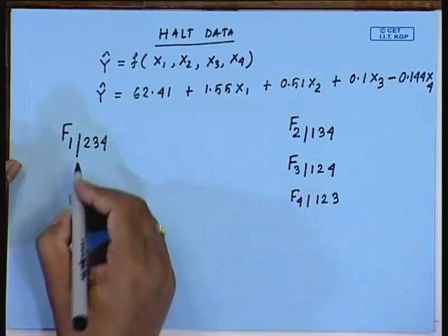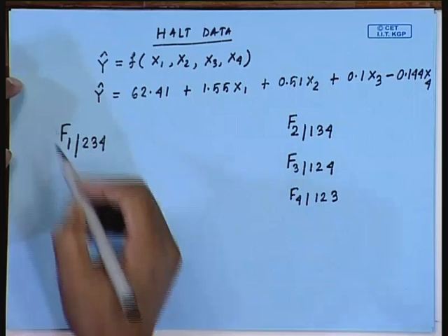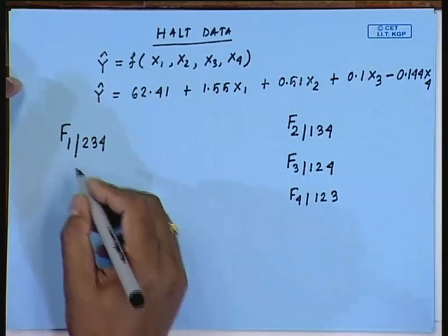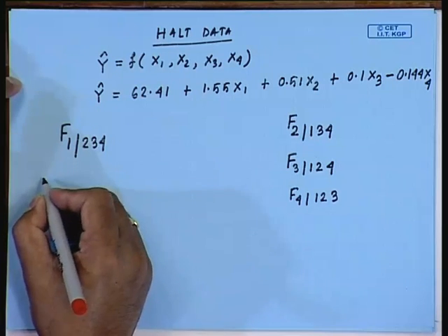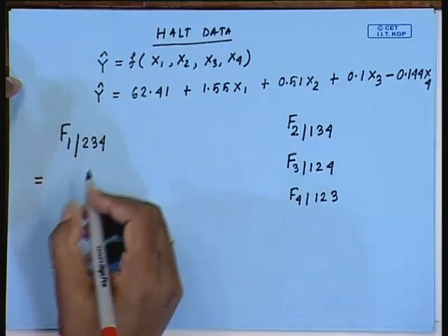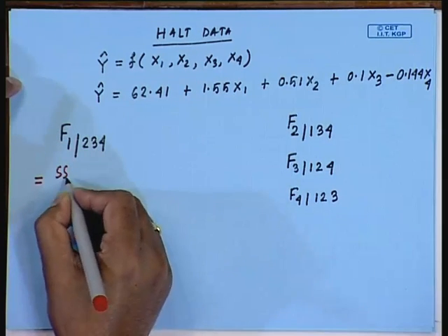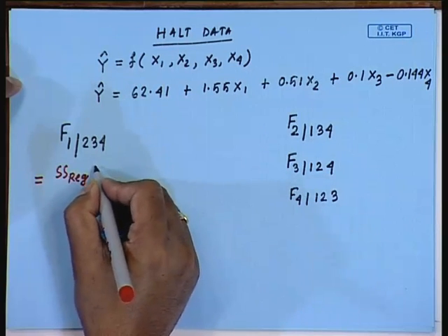Now, just now we discussed how to compute this partial F statistic value. So, this can be computed using this expression. You compute SS regression for the full model.